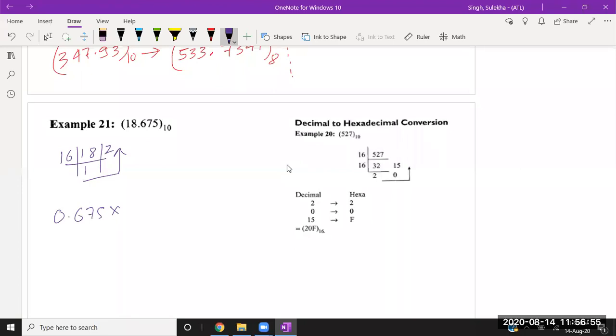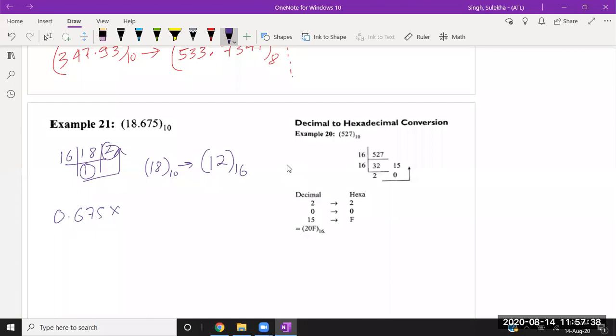This 18 will be 1 2, not C. You are converting this 1 2 also into C. I will explain step by step. Whenever you are converting this 18, you are getting one digit and another digit. So when you are writing 18 base 10 as a hexadecimal number, you need to take these as two separate digits, one and two, in base 16. Don't write C in the place of this 1 2. Is that clear, Hariom?